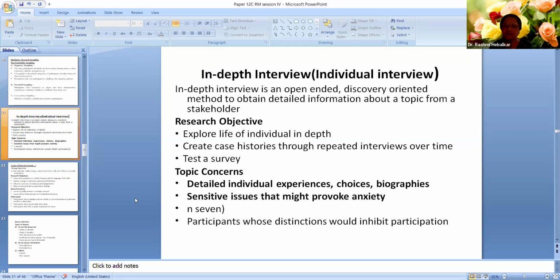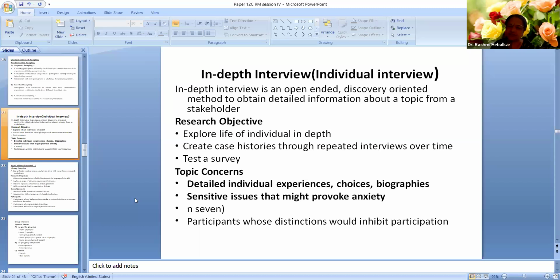Now, the in-depth interview, that is the individual interview, which is conducted in depth. When you are to go deeper into the psyche of the person, individual interviews are conducted. Or when you want some case histories, or when you want to check the survey results.